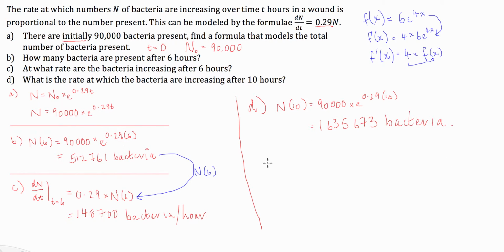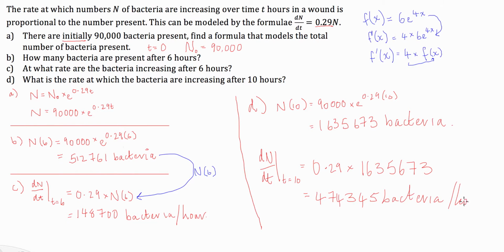And then we have to go for the rate, so dN/dt evaluated when t is equal to 10 is going to be equal to 0.29 times 1,635,673, and that gives us a number of 474,345 bacteria per hour.